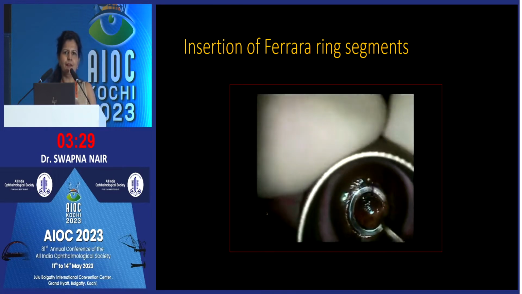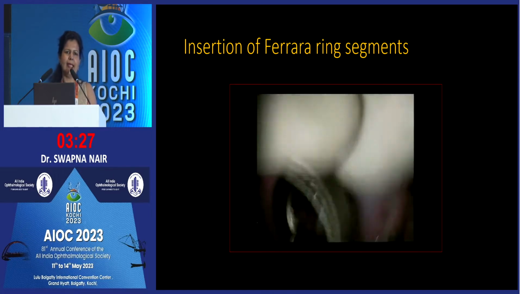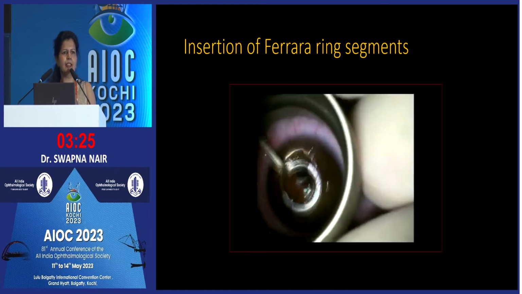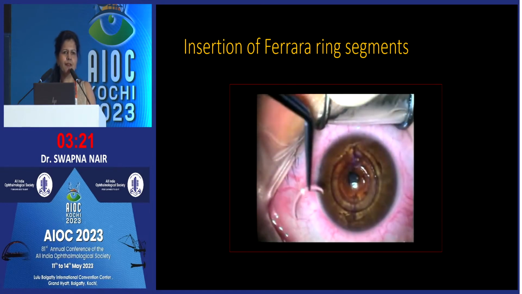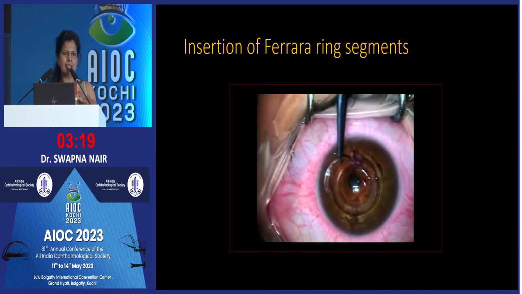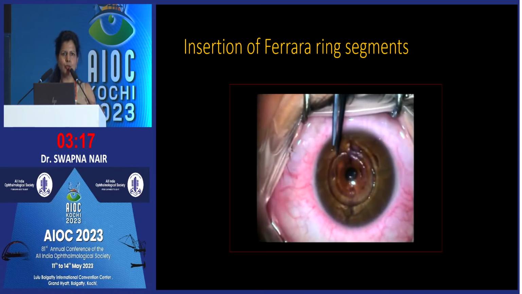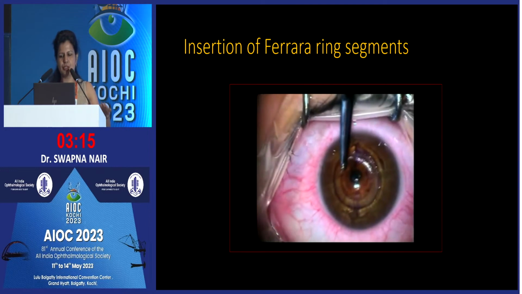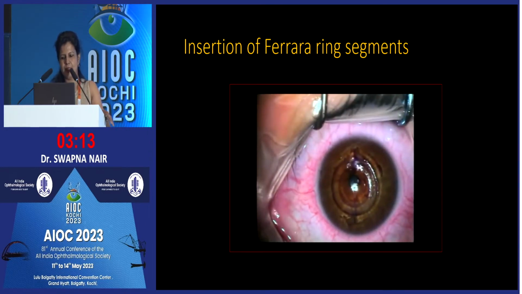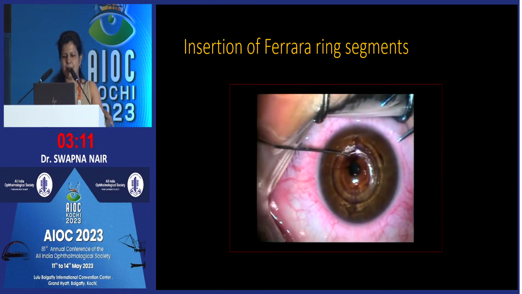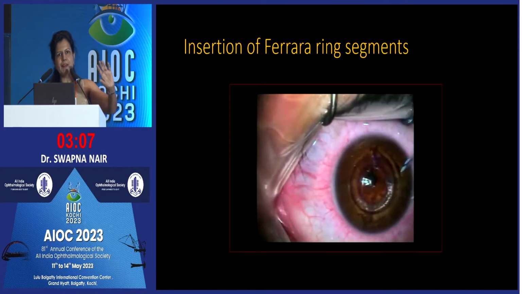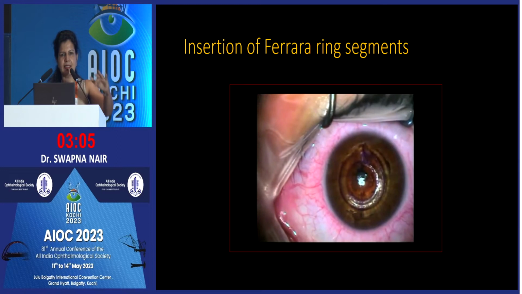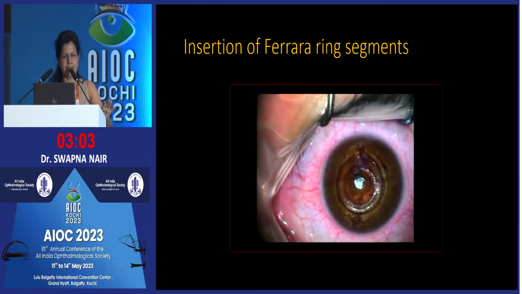If you have a decentered cone or an asymmetrical astigmatism, then you may suffice with insertion of one ring. But if you have a very symmetrical central cone, you may need two rings of nearly the same dimensions to flatten that. Here you see that once the pocket has been made, a ring is being inserted, into a pre-existing dissected pocket.